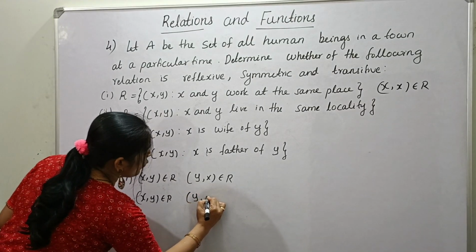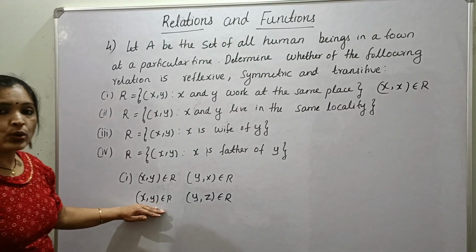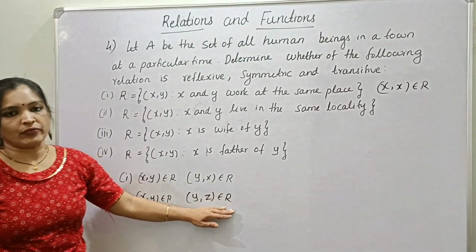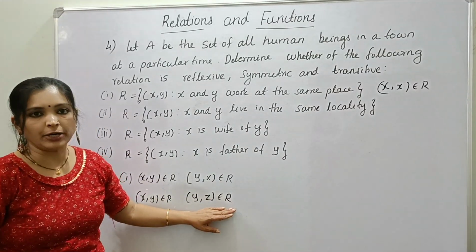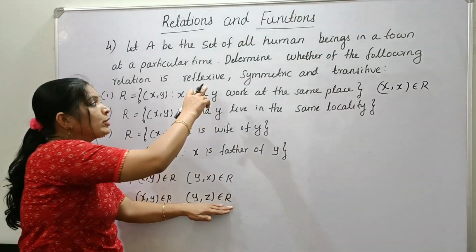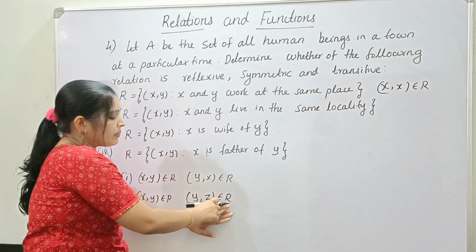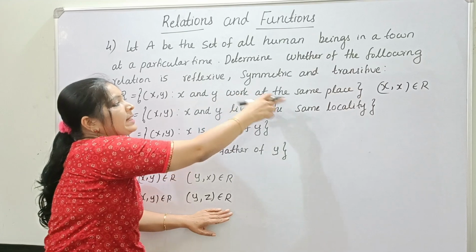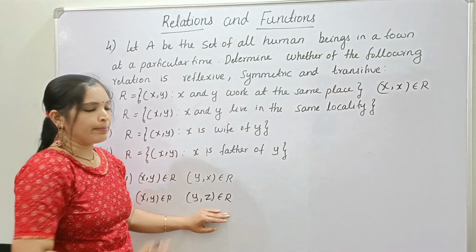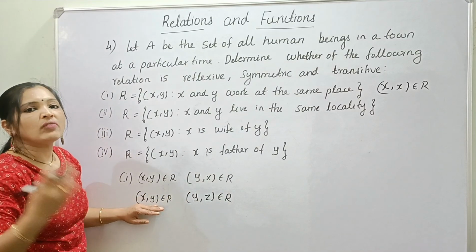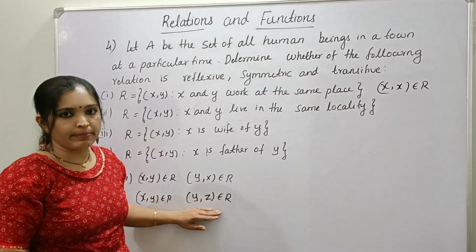Now let us take (y,z) belongs to R, so y and z work at the same place. x and y work at the same place, and y and z work at the same place.